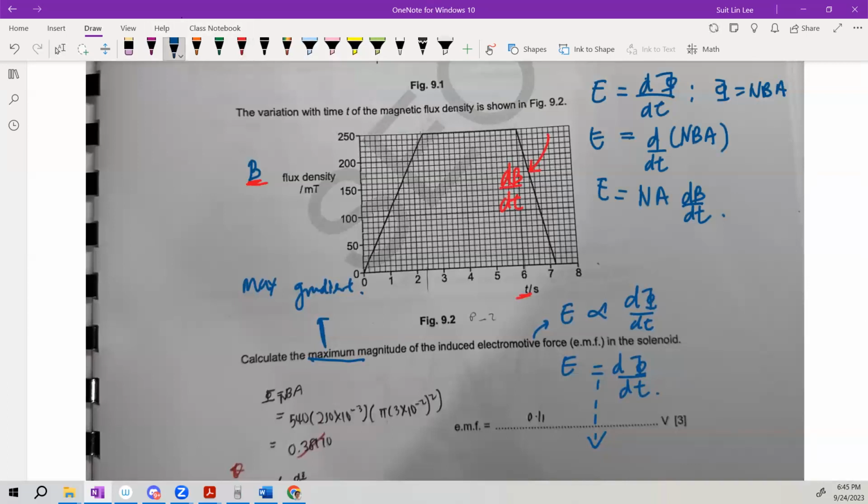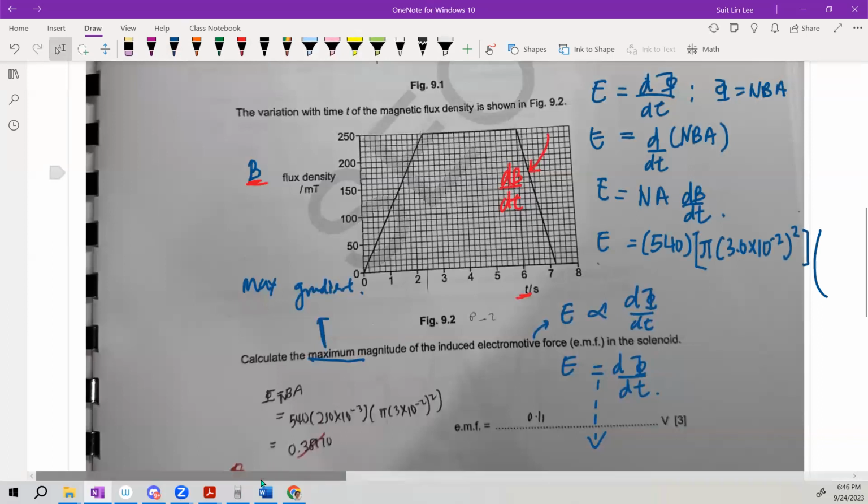Okay, then I can substitute. E will be equal to the number of turns, 540. The area is, diameter is 6 cm. Fine. So this will be pi times 3.0 times 10 to the power -2 squared, pi r squared, multiplied by the change in magnetic flux density.